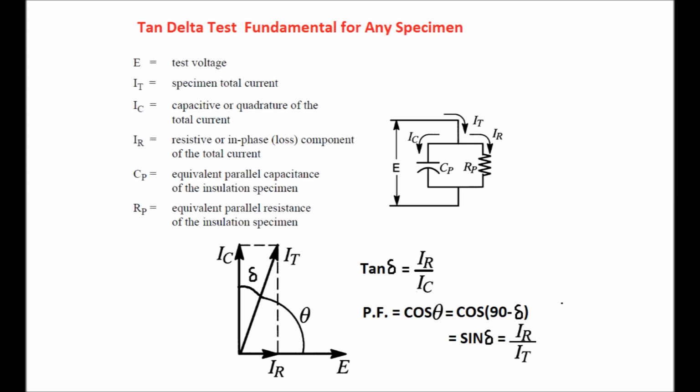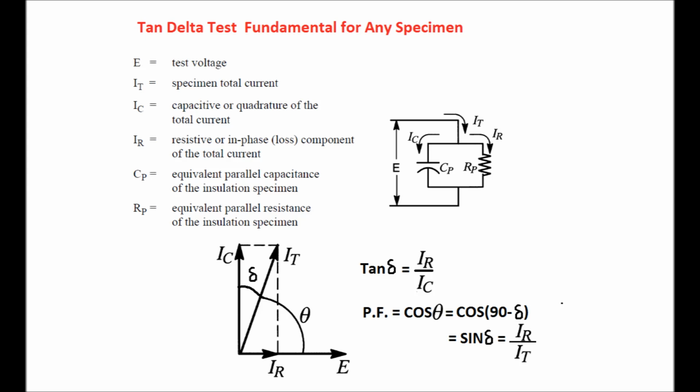Here theta is the power factor angle, and delta is the loss angle. So tan delta is equal to IR by IC. Here IT is the specimen total current, and IC is the capacitive or quadrature component of the total current. IR is the resistive component, or in-phase component, of the total current.